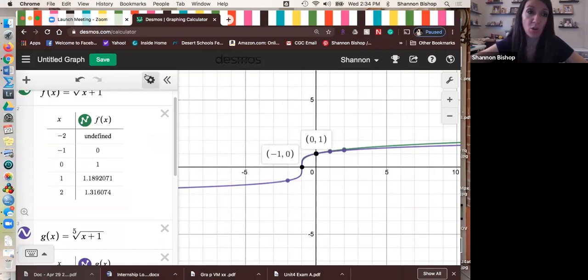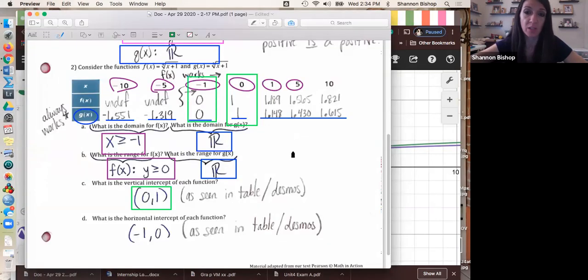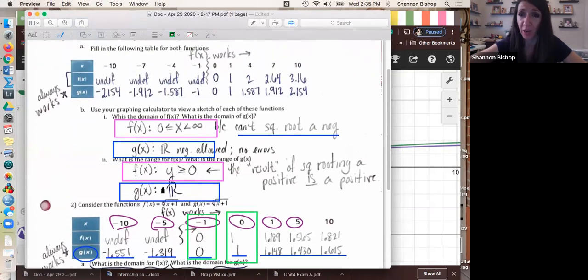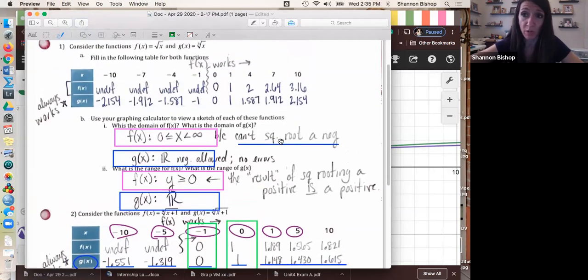Okay, so now what you have to start reflecting on though is why? Why are some of these functions producing errors and therefore having finicky domains and ranges, and yet other functions are just all real numbers? Like on the first one, the square root had finicky errors, the cubed root, all real numbers.